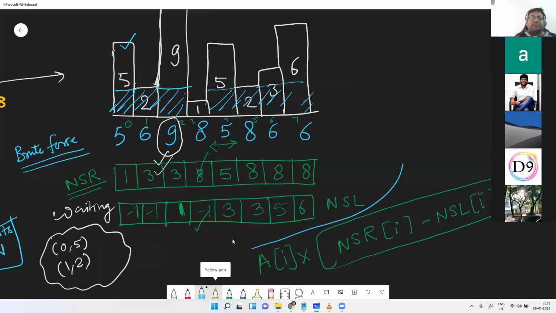This will be this array. Are we clear? After having NSL and NSR, we can actually calculate this array, and maximum of this array is the answer.